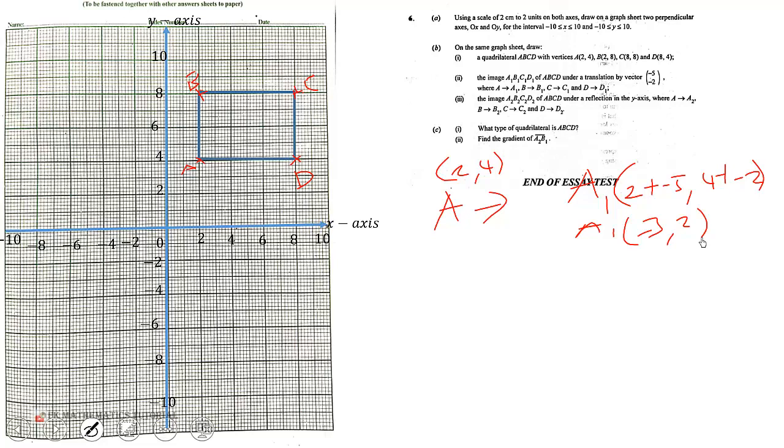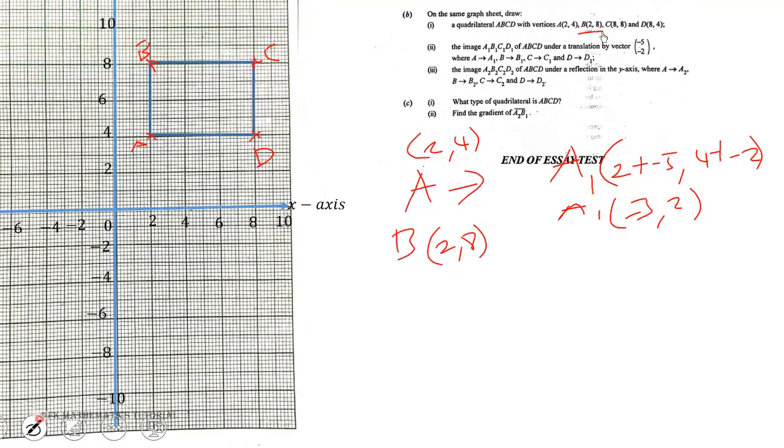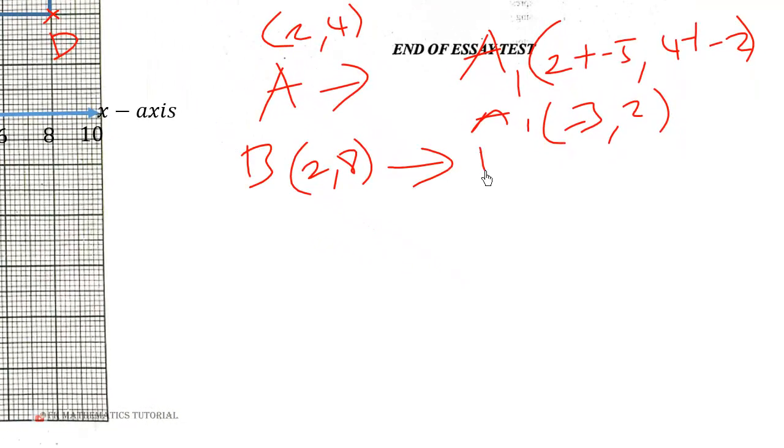Then B, which is having coordinates 2, 8, will map onto B1, which is 2 plus -5, then 8 plus -2.